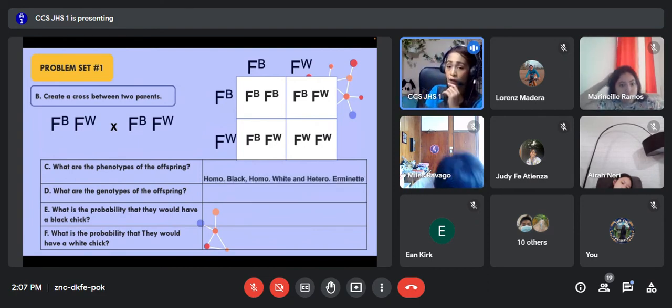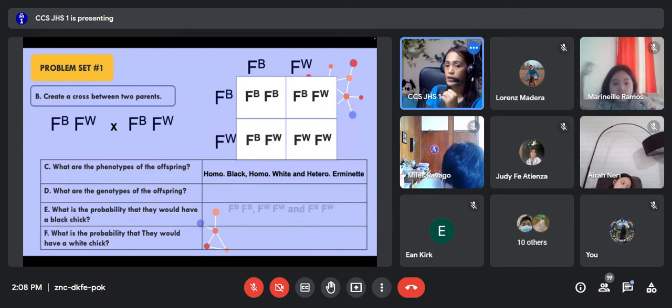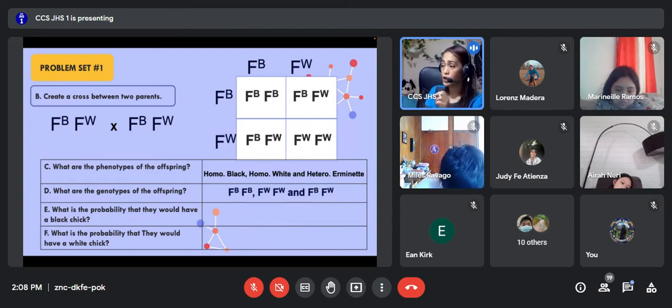So we have a homozygous black, a homozygous white, and a heterozygous erminate. Of course, we simply write down the individual genotype: FB, FW, and then FB.